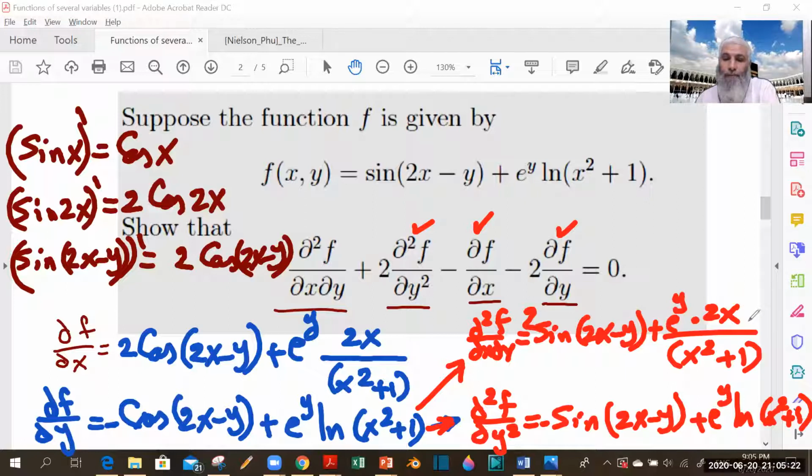Okay, understood. So now we need to put this in this function, and we have to get 0 as a result. Let's try it.